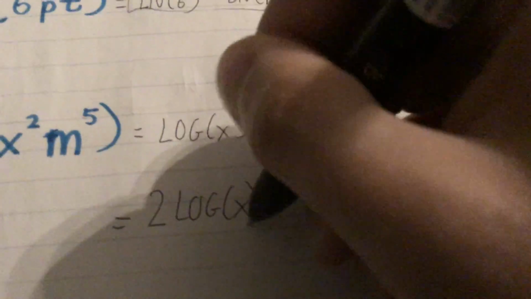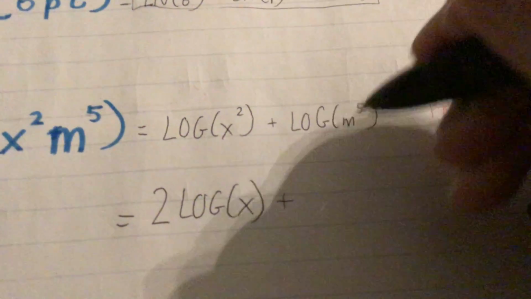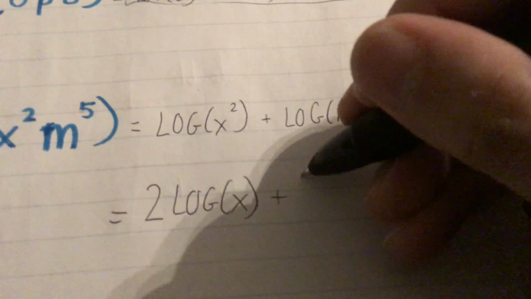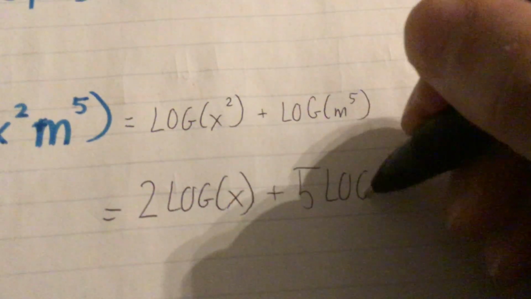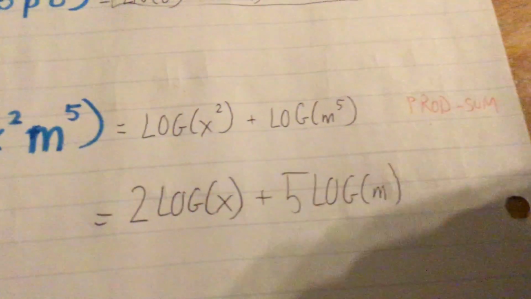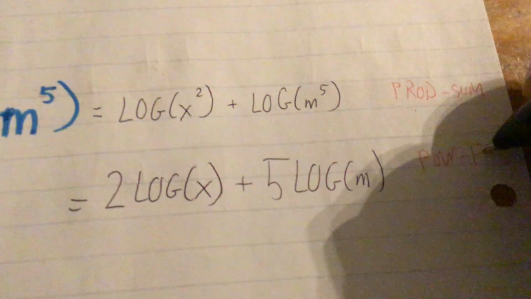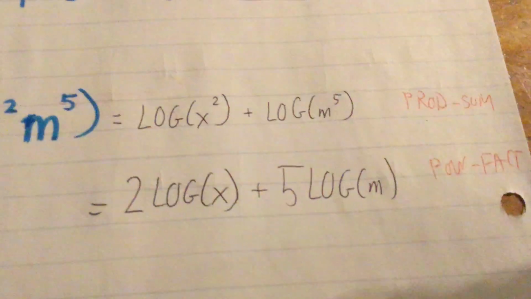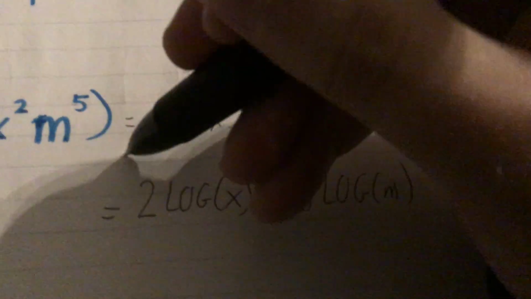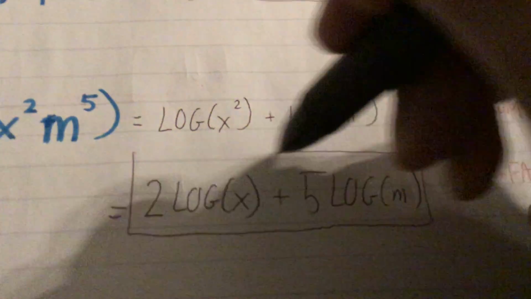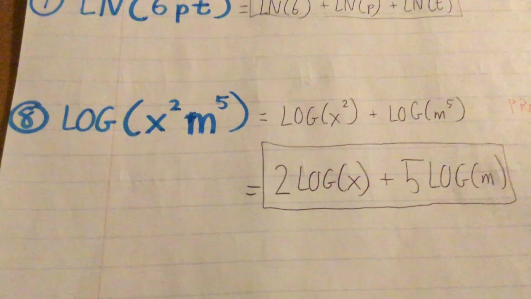So that becomes 2 log of x plus 5 log of m by the power factor rule. And that is how we completely expand log of x squared m to the 5th.